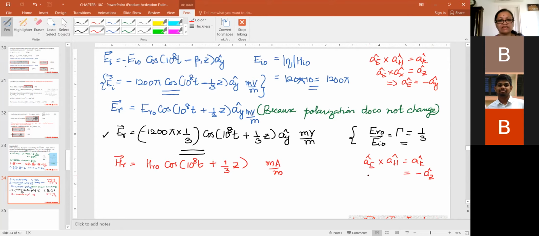AE direction, that is the electric field direction, I'm finding along minus AY cap. So what is my AH direction then? Minus X. So it is minus AX cap. So I have to put a minus here and then write AX cap.